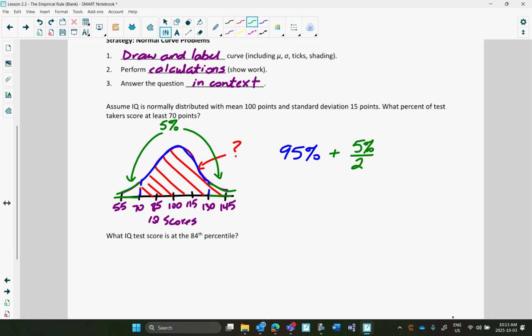Because these are 2 equal sections. Together they're 5%. Each one is half of 5%. So that would give me a final answer of 97.5% of the scores are above 70.